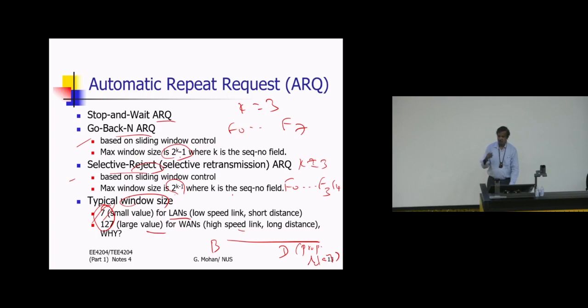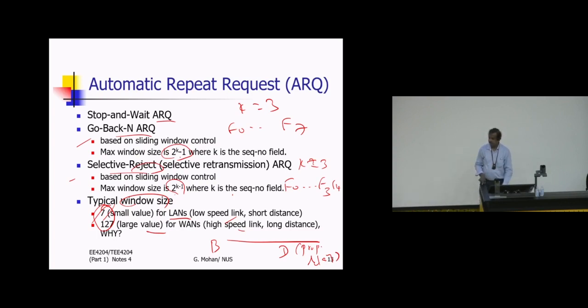Now just imagine, if the window size is small for a high-speed, long-distance link, what will happen? Because the data rate is high, frame transmission is faster. Frame 0, frame 1, frame 2, very quickly it will transmit. So it can quickly exhaust the window. If the distance is quite long, it takes a long time for the acknowledgement to come back.